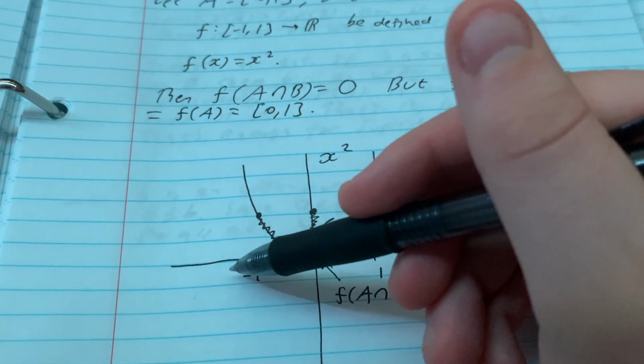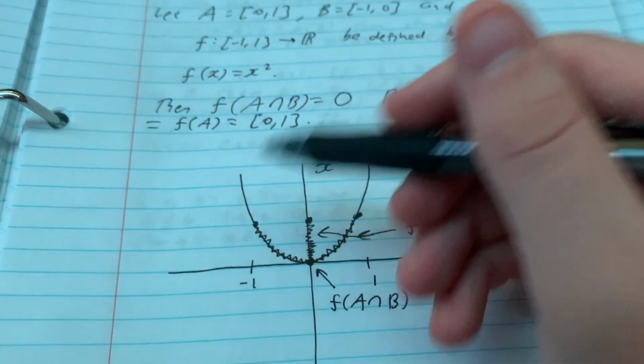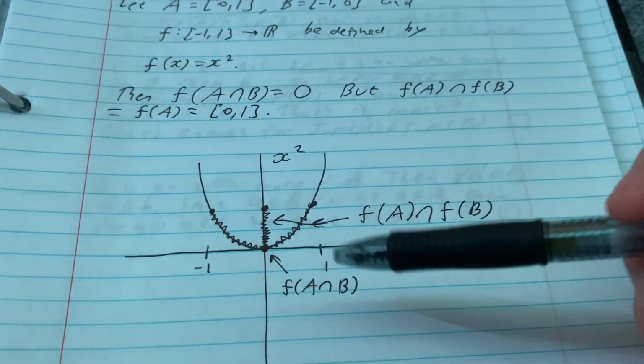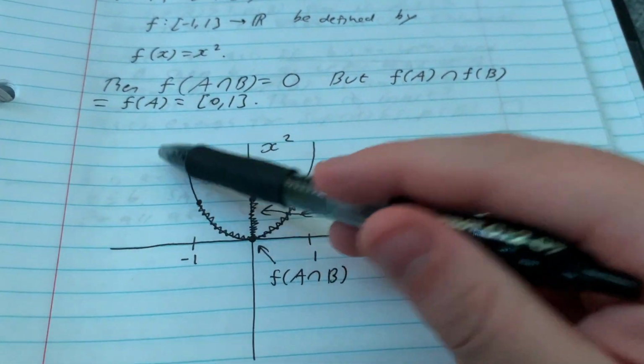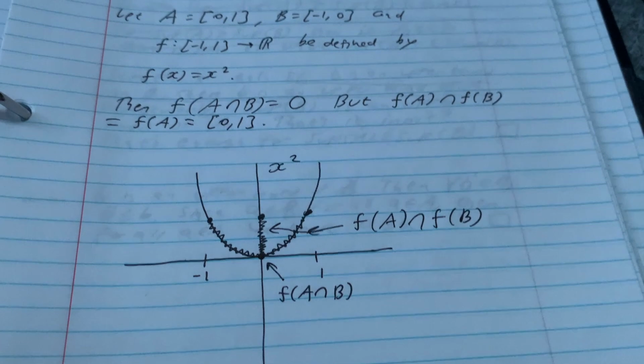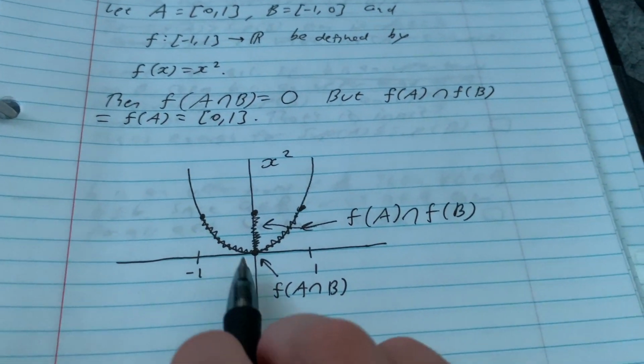This is actually, I guess, an extension of the function, which is fine because these have the universal extension property. Anyway, I just drew more of x squared to get you knowing what was going on. So f of A intersect B is just 0.